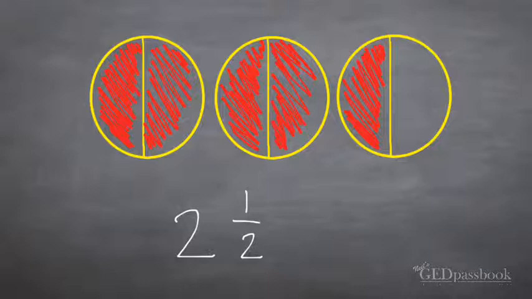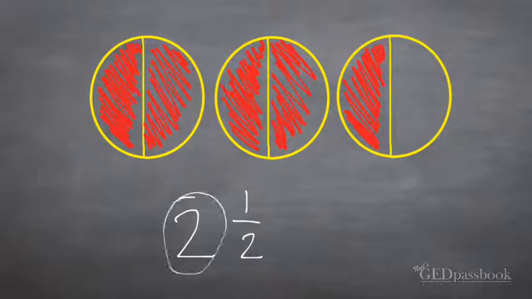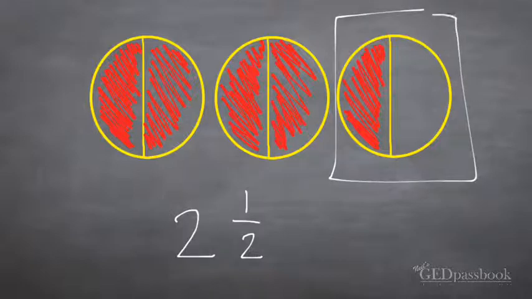So if you're asked to find the mixed number from the following diagram, you count all the whole pieces that are taken out, in this case 1, 2, and you put it as a whole. Then whatever is left over, you count as if you were just looking at any old normal fraction, 1 out of 2.